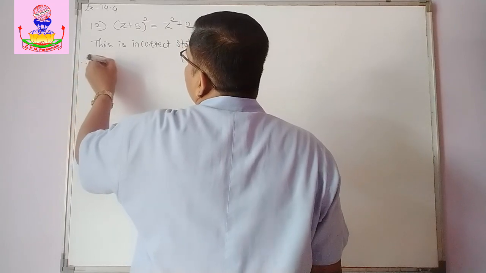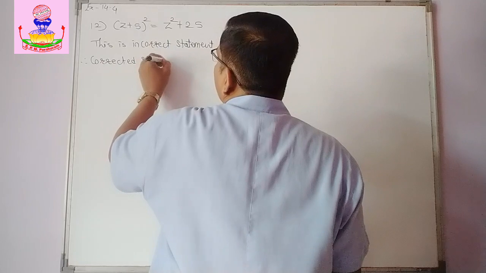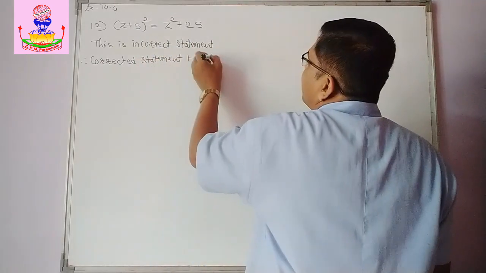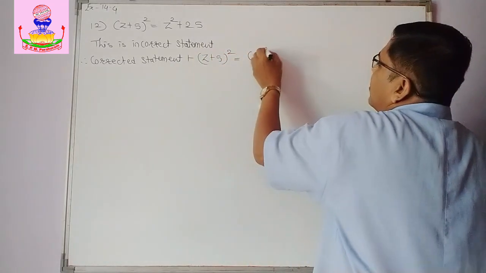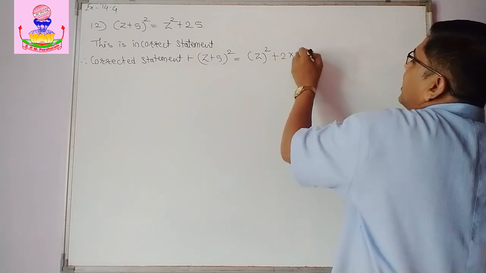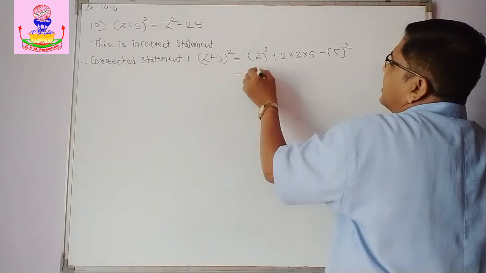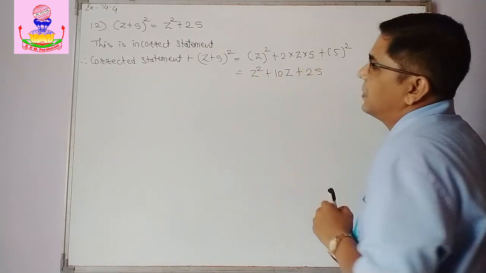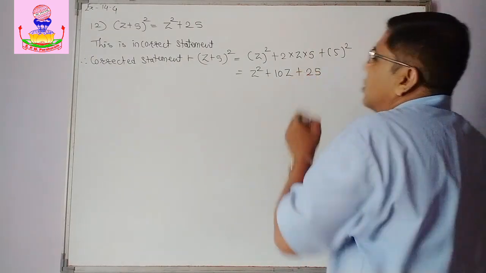Corrected statement: z plus 5 whole square is equal to z whole square plus 2 into z into 5 plus 5 square. So that is z square plus 10z plus 25. That is the answer.